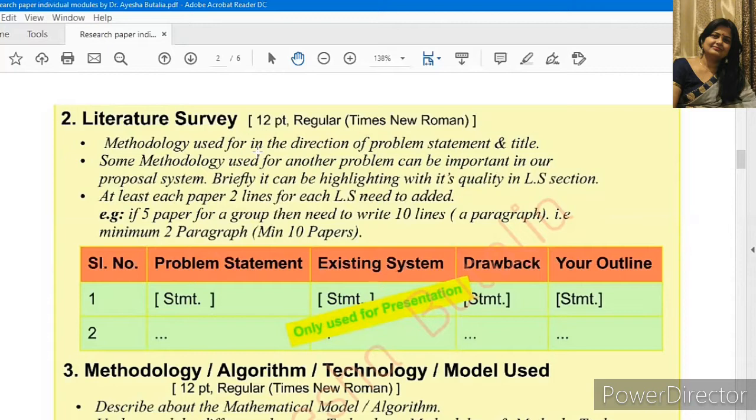Research is a compulsory part of any innovation, and the major part of research is the literature survey. As the dictionary meaning says, literature means what is already there, and survey means you dig out the findings of work already done.